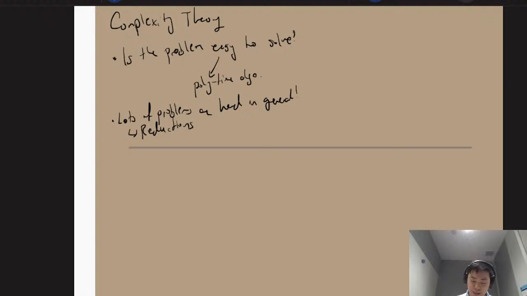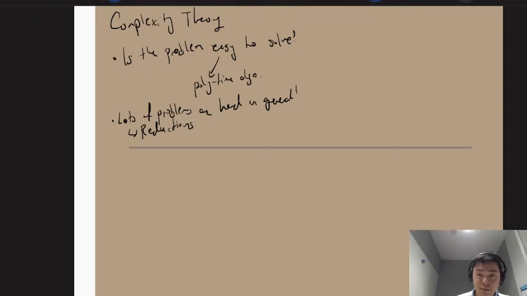So instead of just saying, "Oh, this problem's too hard," we would like to come up with some kind of theory or hierarchy of problems, so that we can build a repertoire of different techniques to solve different kinds of problems.